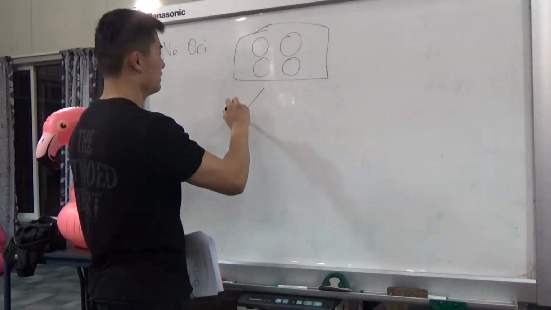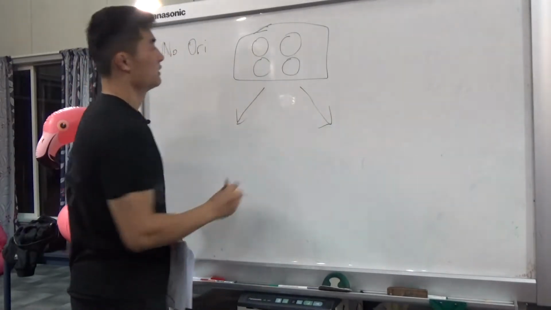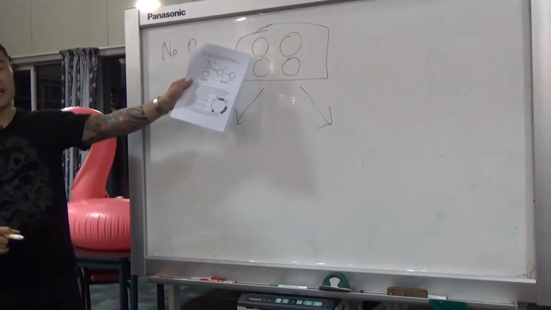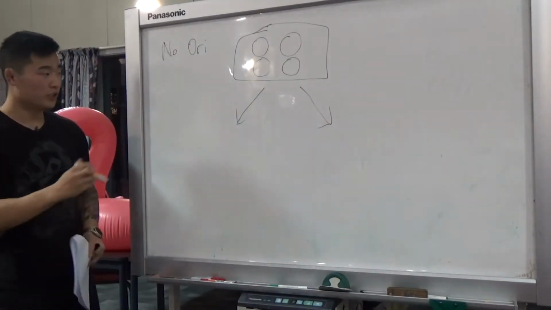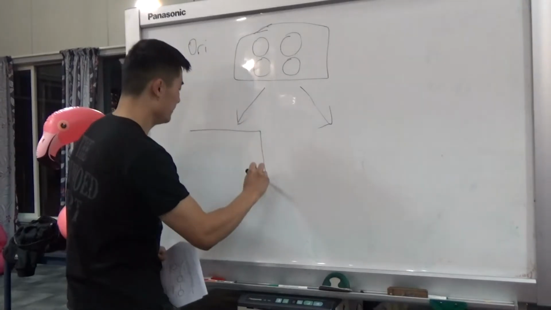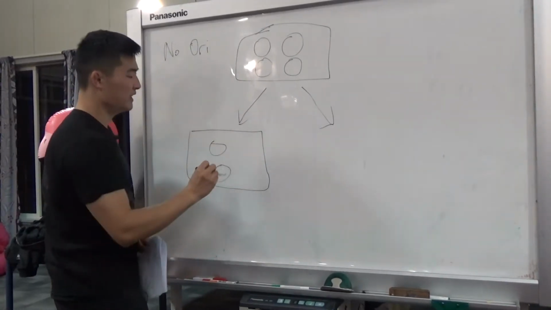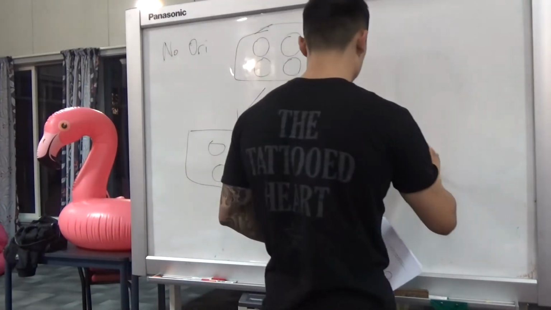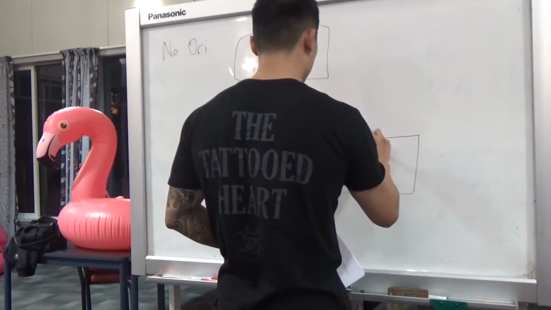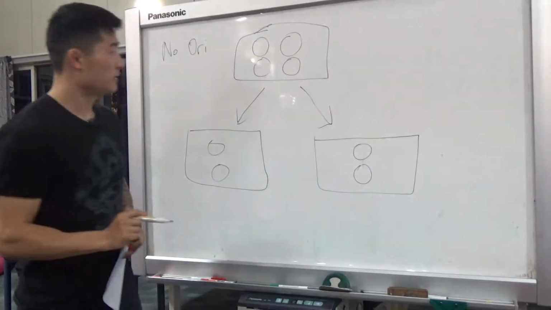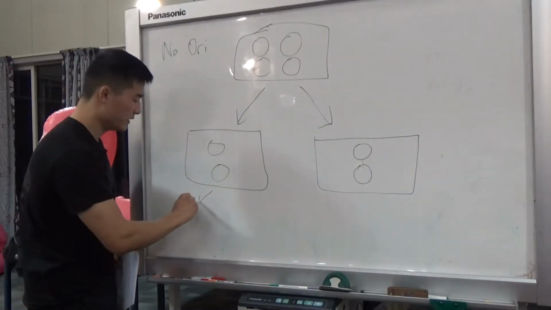So then these plasmids can't replicate. So when the bacterial cell divides, it's going to be diluted out. And then so on and so forth.